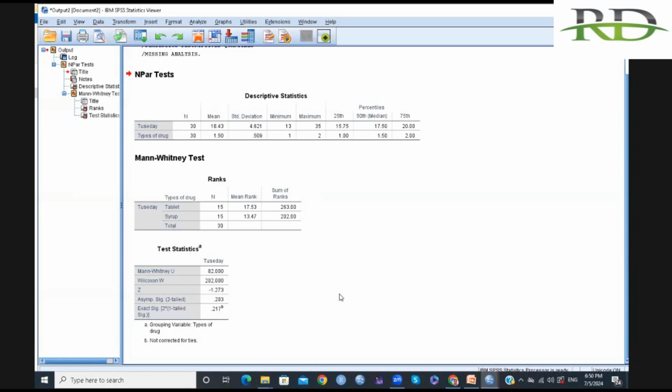So we say that we have no evidence to reject the null hypothesis, and the null hypothesis is that the effect of the two techniques is the same. We can say that the median scores for the tablet as well as for the syrup are equal. So both syrup and tablet are equally effective in reducing the depression level.